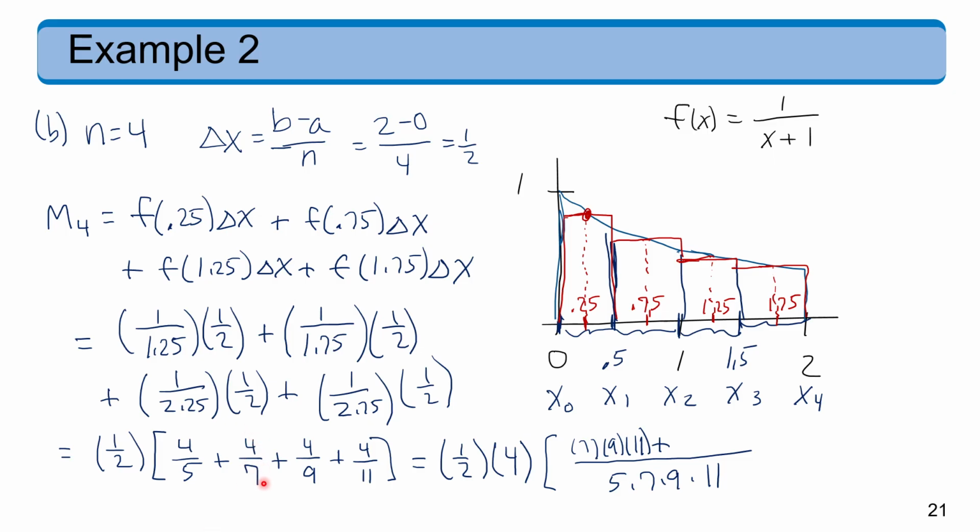So to get the common denominator, we need to multiply by 5 times 9 times 11. On the third one, the 4 is pulled out. To get the common denominator, we multiply 5, 7, 11. And then the last one, multiply by 5, 7, 9.